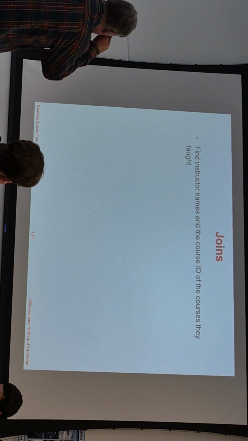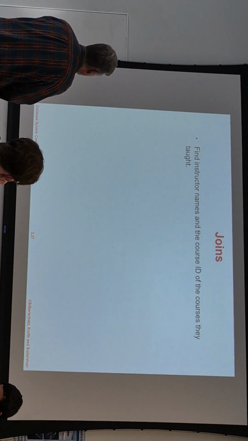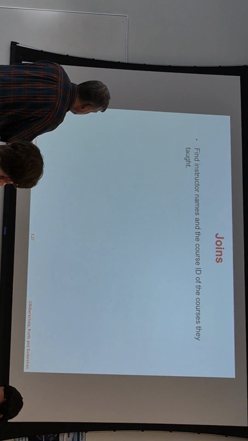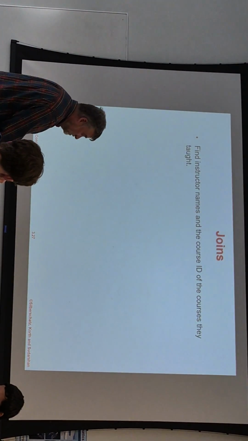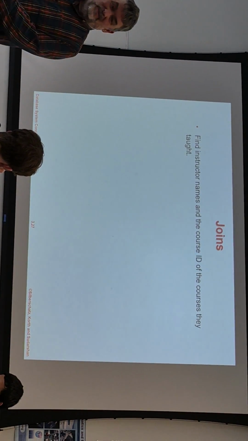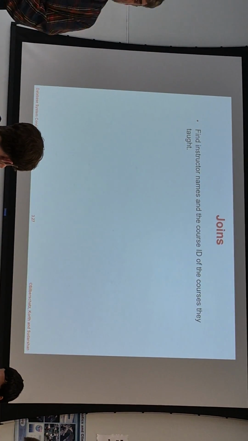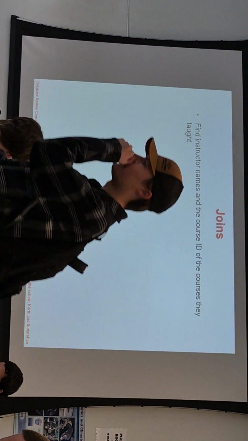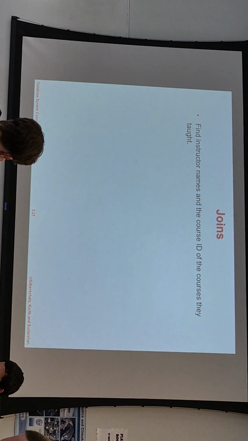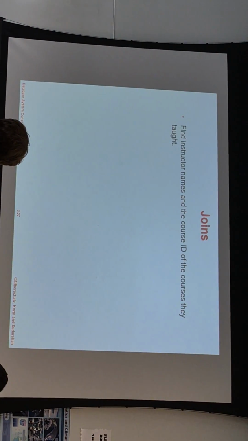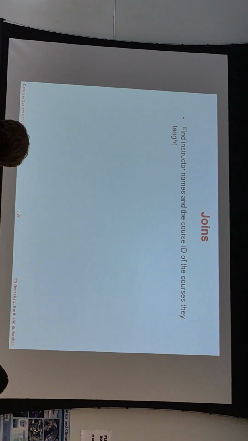Instructor names and the course ID of the courses they were teaching, I guess, or that they taught. The English language is a little bit tricky. A statement like this can be interpreted a couple of different ways, but where do you suppose this information is going to come from? Which are the tables in your database schema that you probably want to focus on?